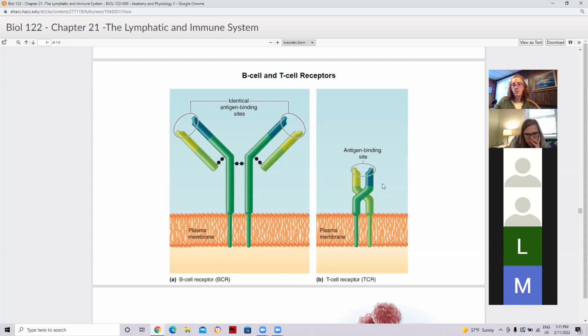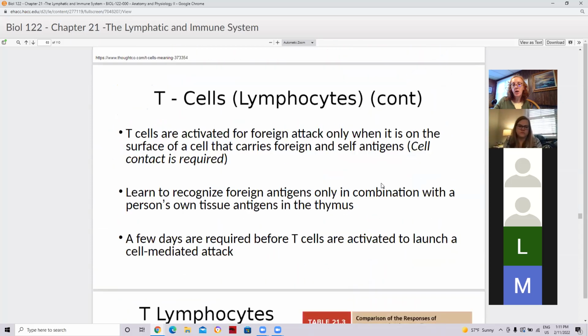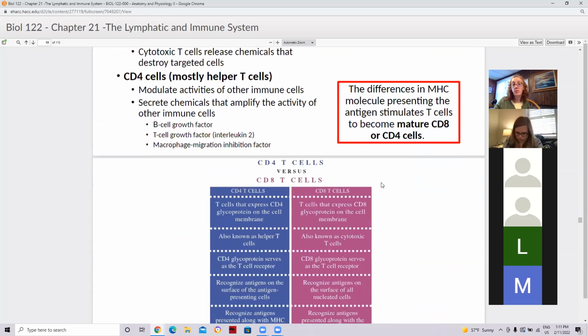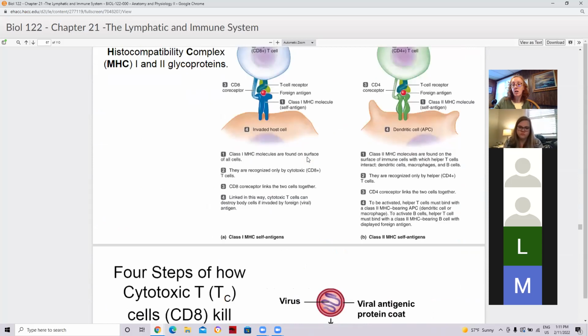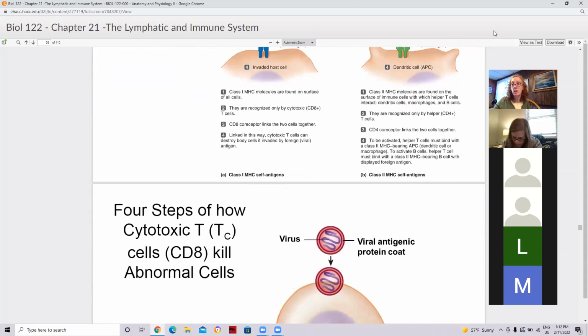You remember that about cytotoxic T cells? They only kill things when they bind to the right receptor. So basically, they're not just going to go in and kill all the cells. They just kill the one. Right, right.